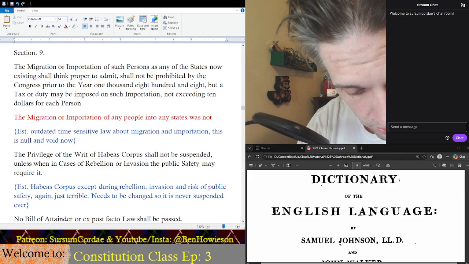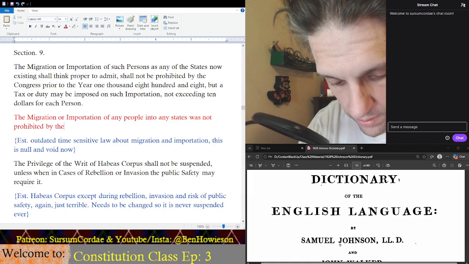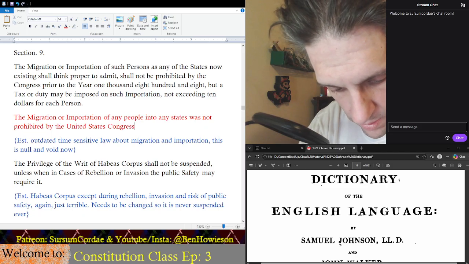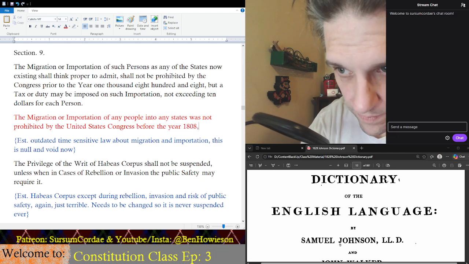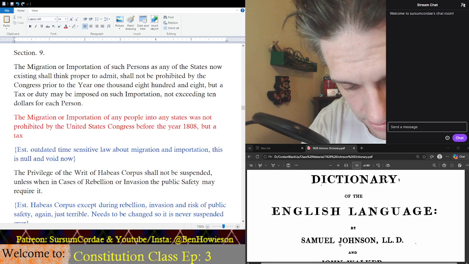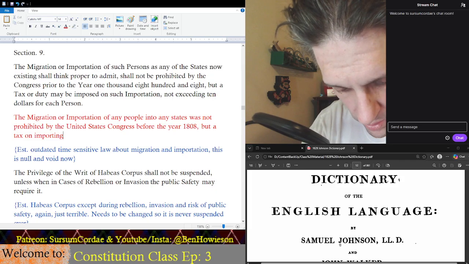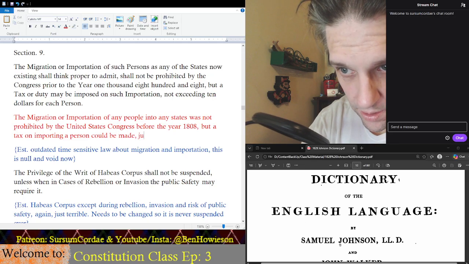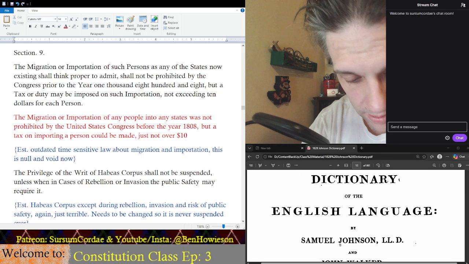Let's see. It was not prohibited by the United States Congress before the year 1808, but a tax on importing a person could be made, just not over $10 each.